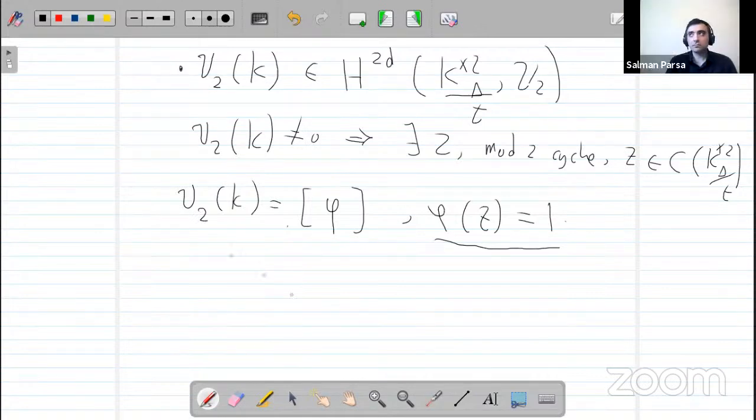So let's see. But there is some chain up there that maps here to this chain that we have found.